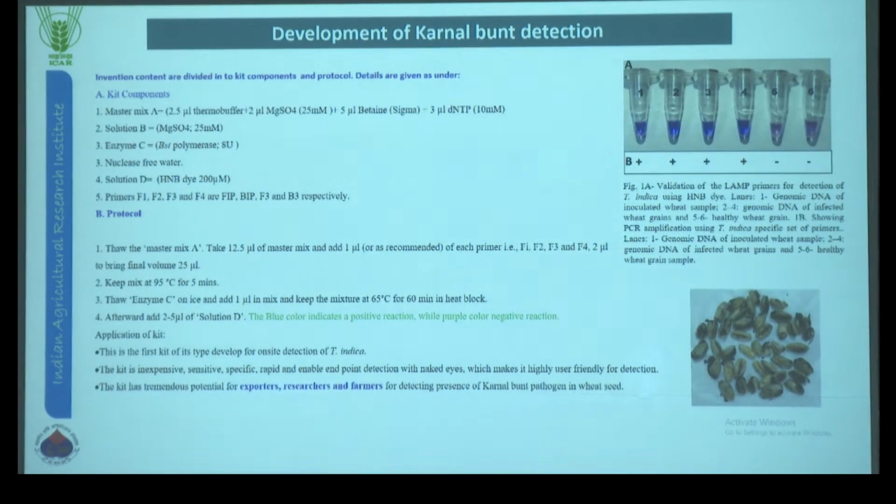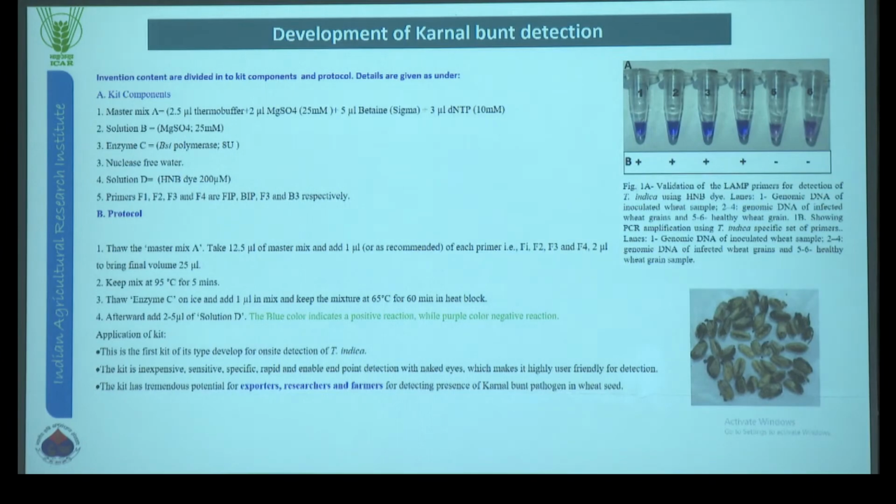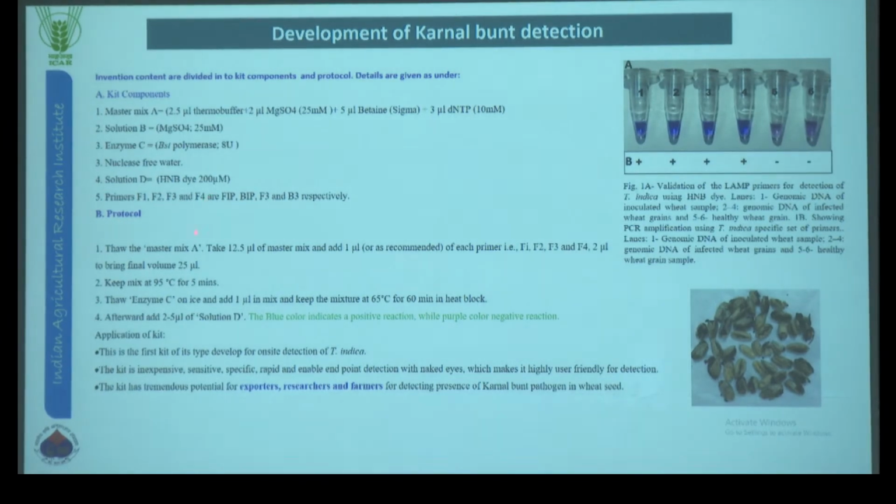Yeah, what actually is this methodology, LAMP? See, it is a very simple technique. First, master buffer is required, betaine is required, dNTP is required. Then magnesium sulfate is required, Bst polymerase is required, nuclease-free water, HNB dye and primers. These components are required for this reaction.